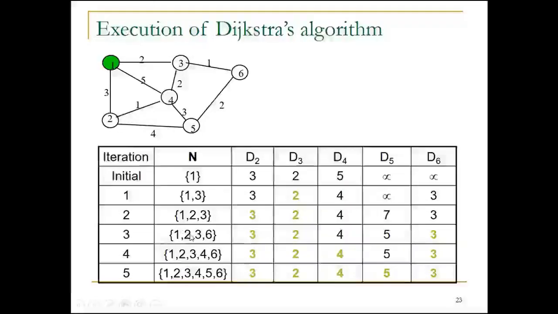For instance, if we were to go from 1 to 2, which is part of the nodes anyways, to get to 5, we have 7. If we go from 1, we don't have 4 yet, so it'll still be infinite on this side. If you go from 1 to 3 to 6 to get to 5, it actually has 5. 2 plus 1 plus 2 is 5, as compared to 3 plus 4 is 7. So 5 and 7 change the ball game in terms of the shortest path possible to move a packet from A to 5, now that we have 4 iterations, which includes 6.